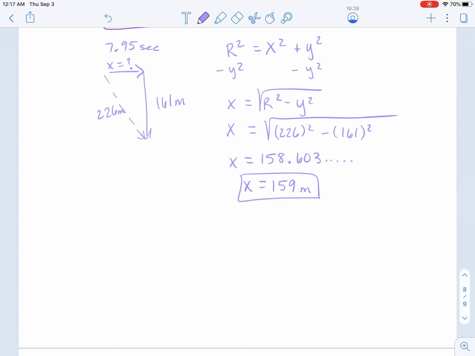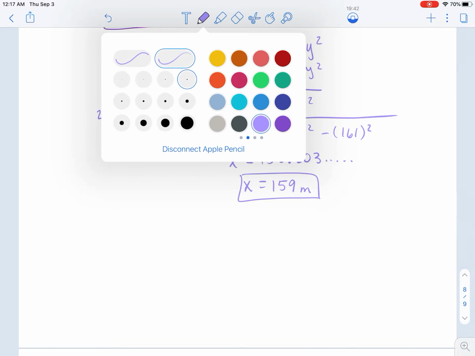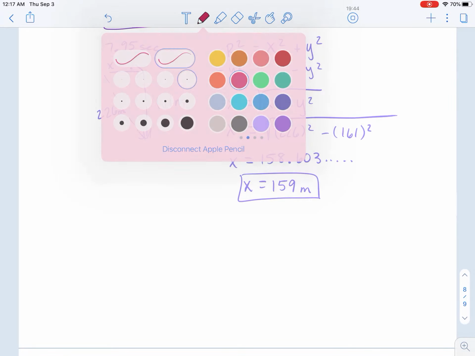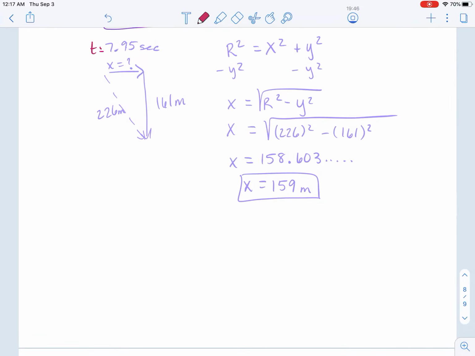Now the second part of this question asked me to calculate the running speed. So let's go back to the original problem. These values given on my triangle are displacements, but this time up here was given to me as well. So my time is 7.95 seconds.